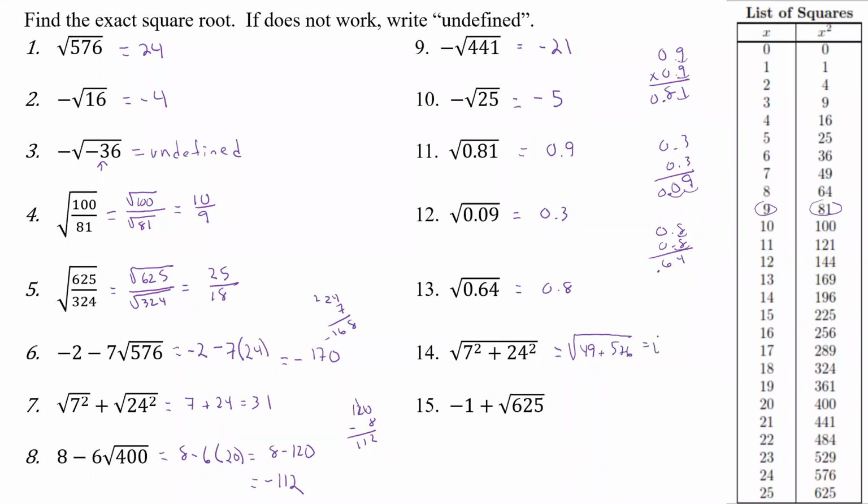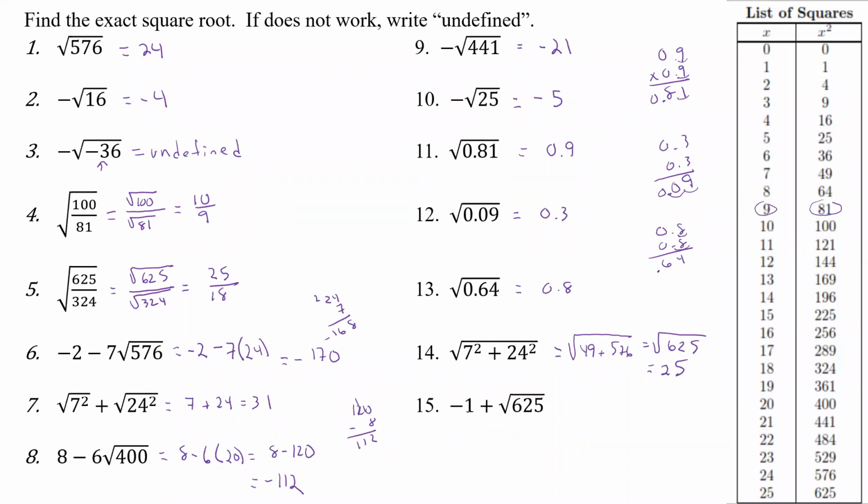And if we add that, that looks to be 625. Well, guess what? That square root is equal to just 25, and so that would be our solution. So we actually have to expand this out to become 49 plus 576, add those together, and then we can take our square root to get 25.